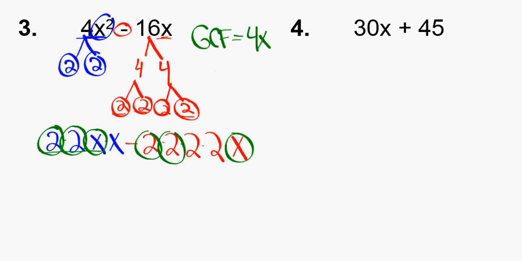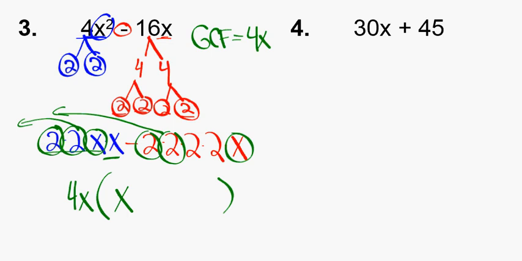Then we can factor out that 4x. That's what we're taking out. Write that out in front of the parentheses and fill in what's remaining. The first term has an x remaining, while the second term has a 2 times 2 remaining, which is 4. So, since this is a subtraction, let's fill in our minus, and there is our product.